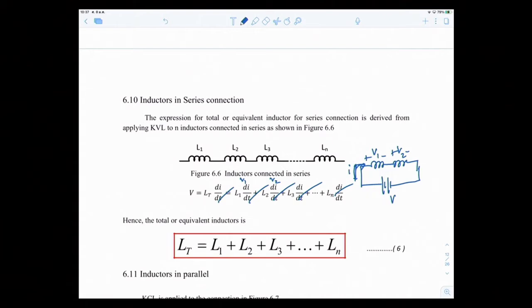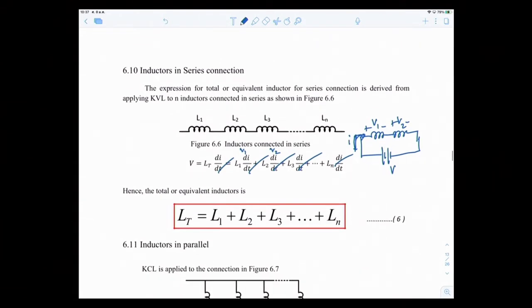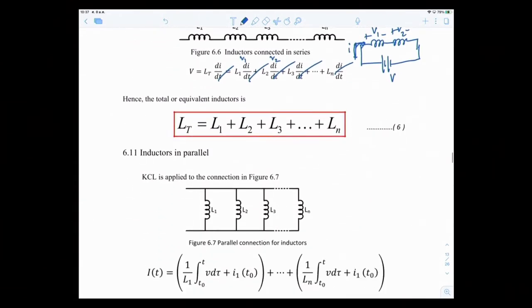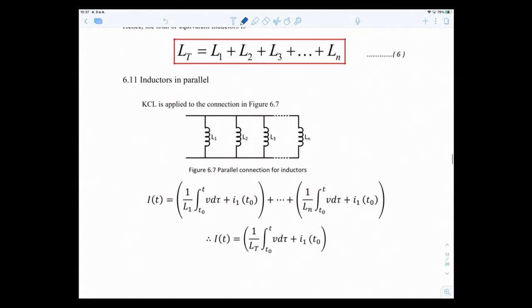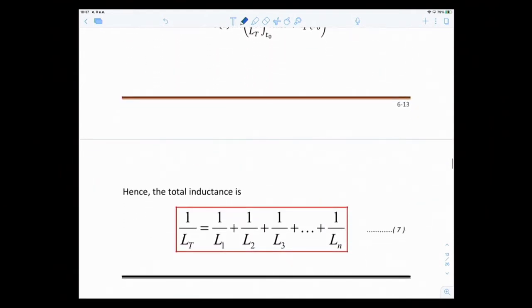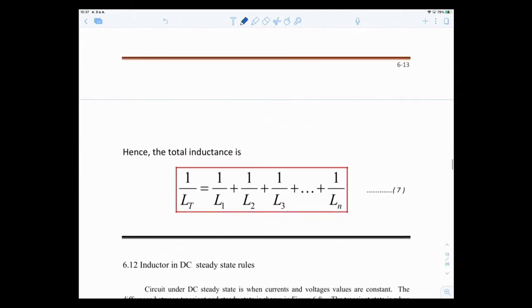As for inductors connected in parallel, you have to do these integrations, and let's go to the final answer. The total inductance becomes 1 over L total equal to 1 over L1 plus 1 over L2 plus 1 over L3 up to 1 over Ln.